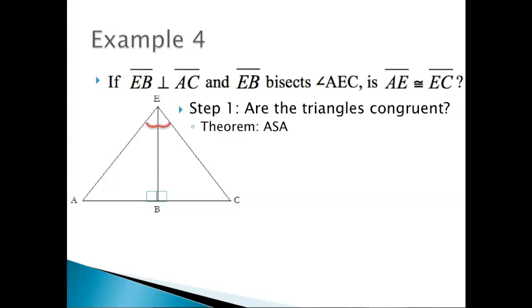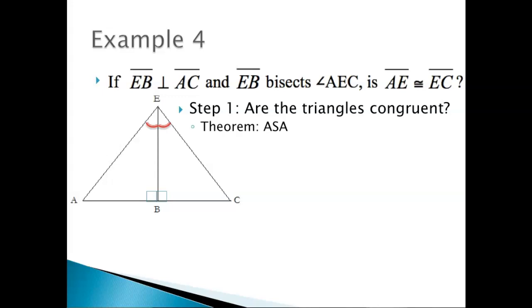So since we have two angles of one triangle congruent to two angles of the other triangle, we need to find if there's one other piece of information that we can use. In this case, these two triangles share a side, so BE is congruent to itself. So we have two angles and the included side, and so we would use angle-side-angle. So go ahead and list off the angles.